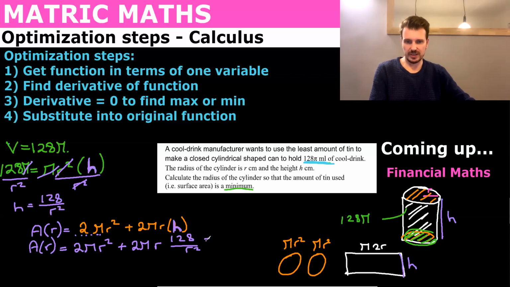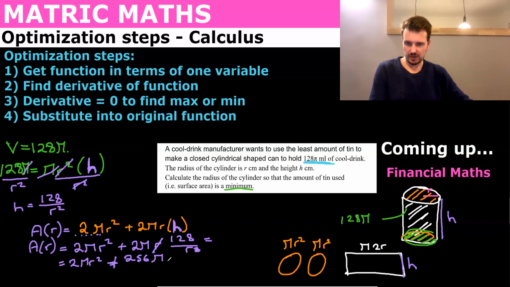Okay, this r at the top cancels with one of these r's. And so I get area equals 2 pi r squared plus 128 times 2, so it becomes 256 pi over r.